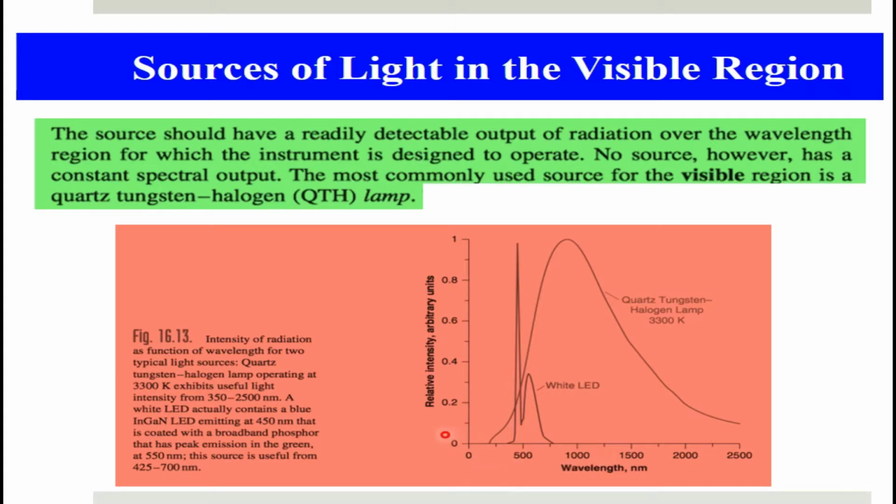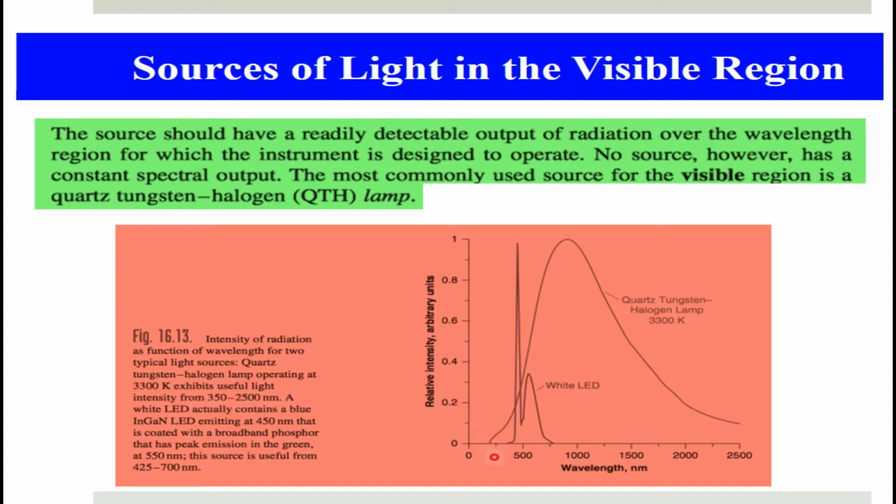In this graph, relative intensity of radiation is plotted on the y-axis and wavelength on the x-axis. Relative intensity has an arbitrary value up to 1. We can see the intensity of radiation as a function of wavelength for two typical light sources. The quartz tungsten halogen lamp operates at 3300 Kelvin and exhibits useful light intensity from 350 to 2500 nanometers.